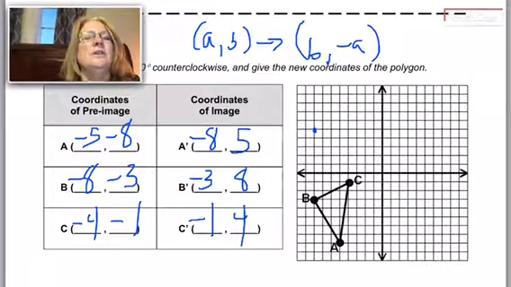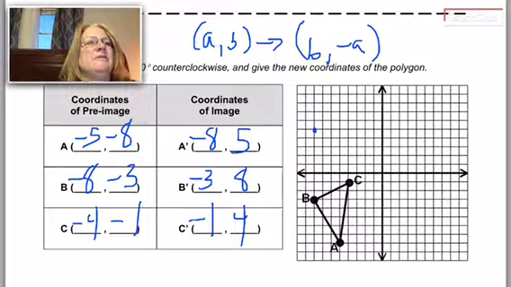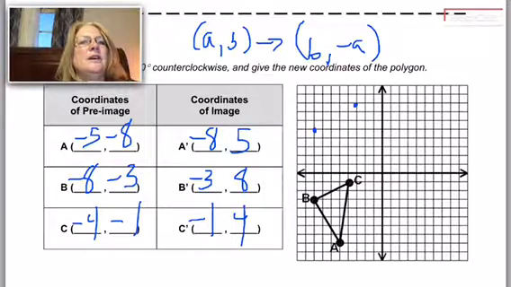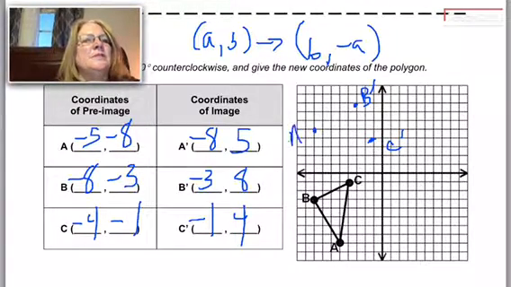There we go. That will be A prime. Then we have (-3, 8). I think that's right there. And then (-1, 4). And so this is C prime, this is B prime, and this was A prime.